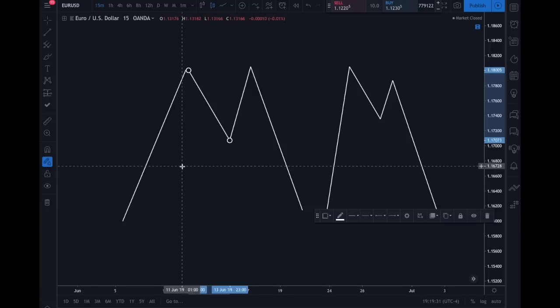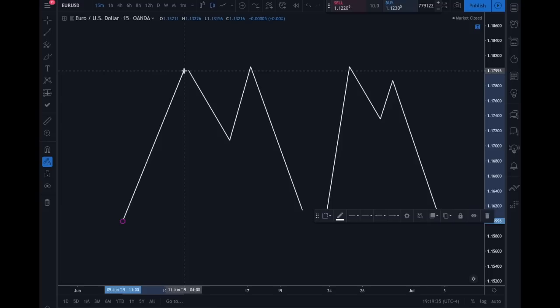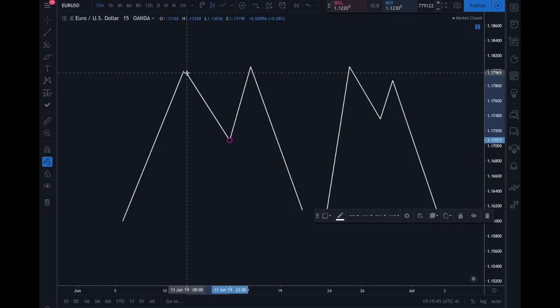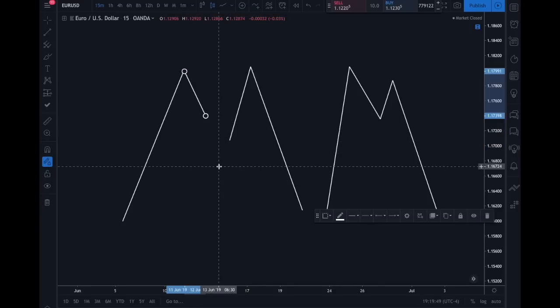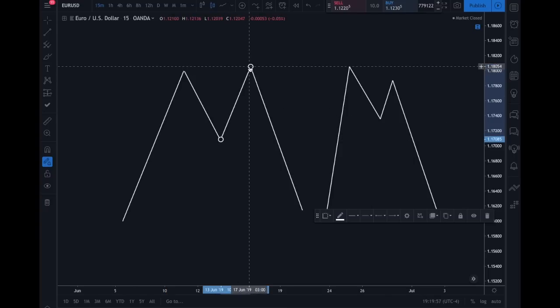So the first leg essentially is used to induce traders to go long. Once they have a decent amount of traders going long, you're going to have some traders that ultimately go short. And so what happens here is they go back up to retest this high.